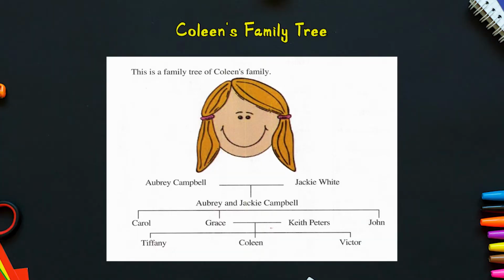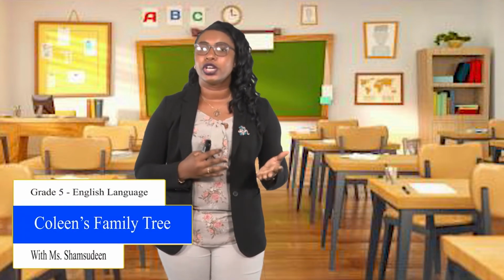Now, based on this family tree, there are a number of terms we will use to explain the relationship among the individuals. We know that each family can be identified by a special name, maybe more than one. That name or those names we refer to as their surname or their family name.